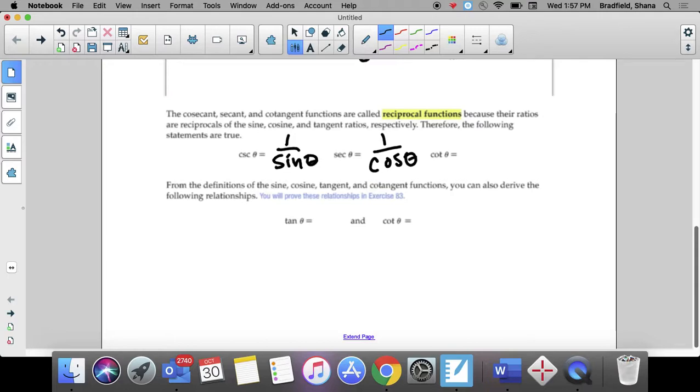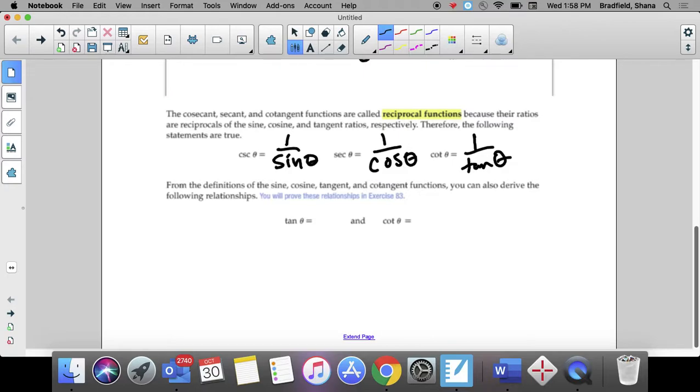And cotangent is the reciprocal of tangent, so that's equivalent to 1 over tangent theta. These are called identities, and that's because they're identical. The way I remember them, at least, is that they're identical to each other. Cosecant is identical to 1 over sine theta, so that's an identity.